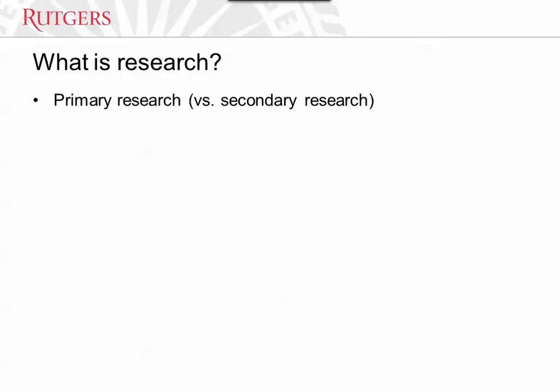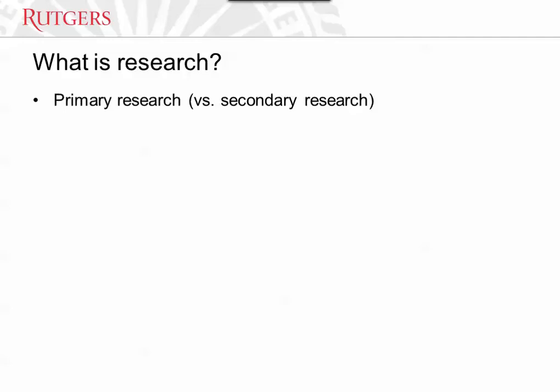First of all, we're talking here in this course about primary research, not what's sometimes called secondary research, the kind of research you would do in a library or for a research paper in school. We're talking about the production of original research.